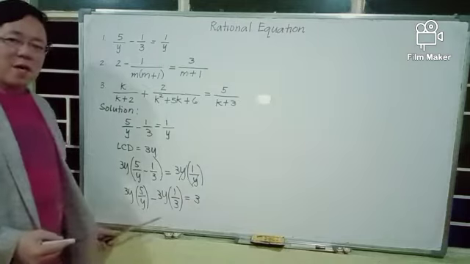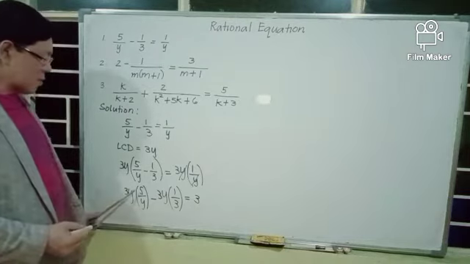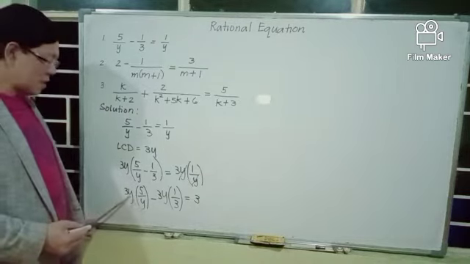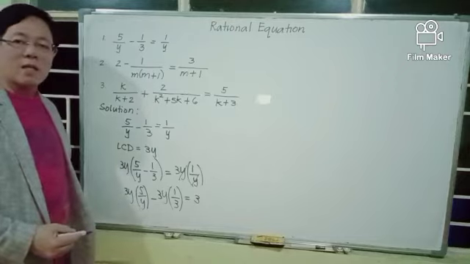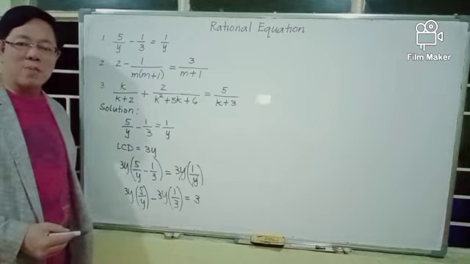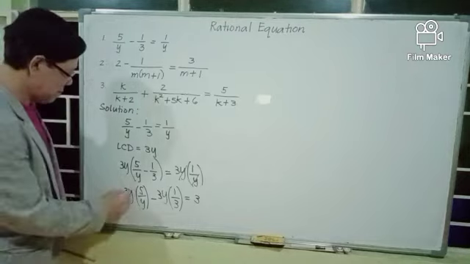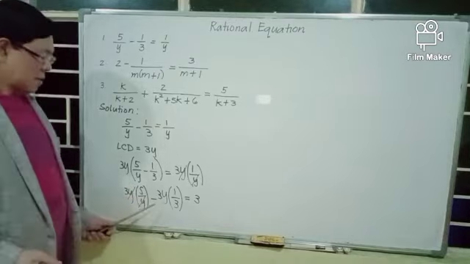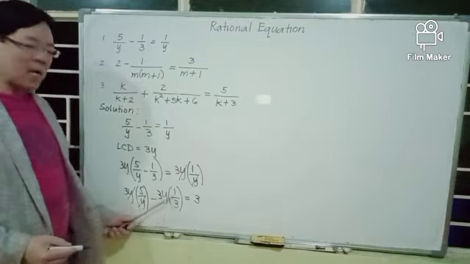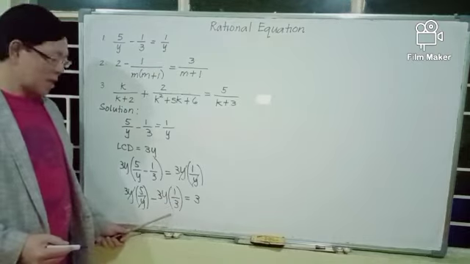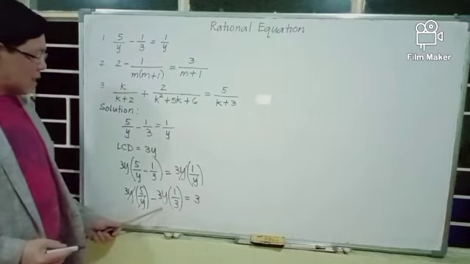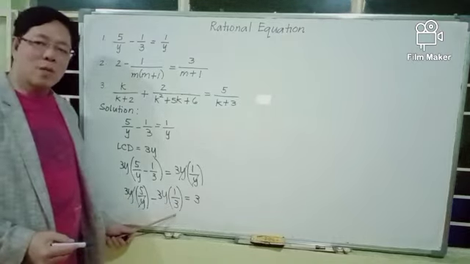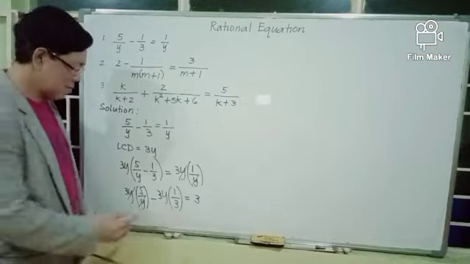Now simplify the left hand side, 3y multiplied by 5 over y, you can see you have y over y and that is equal to 1, or you just simply cancel out y. Also, we have 3 multiplied by 1 over 3 in the second term, and 3 over 3 is 1, or you simply cancel out 3.